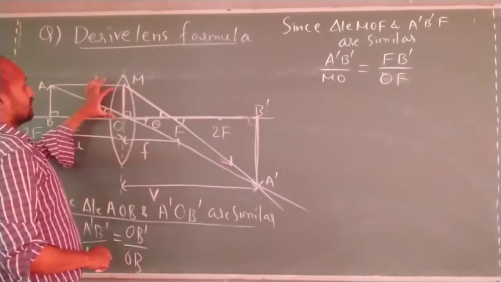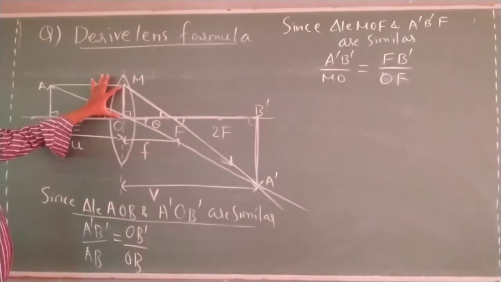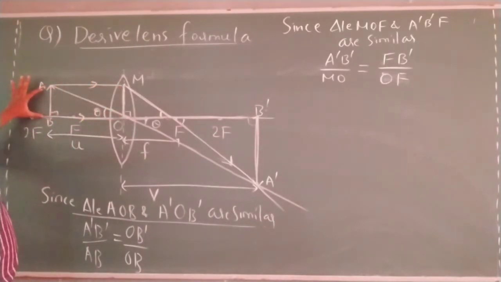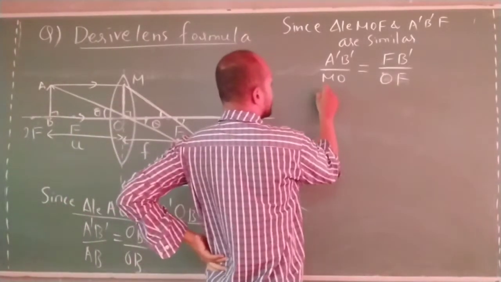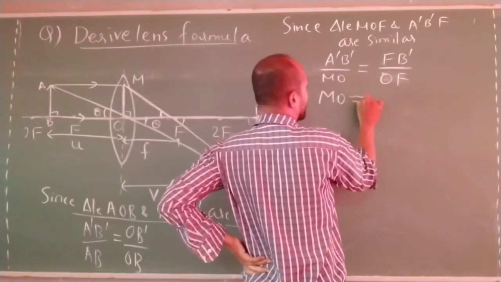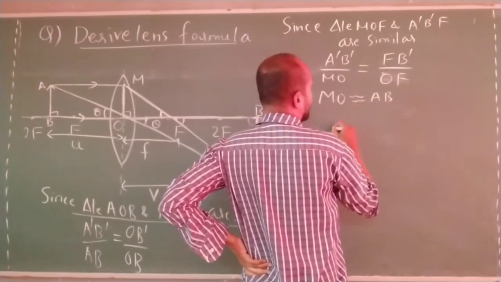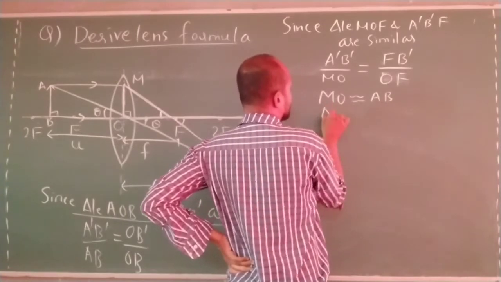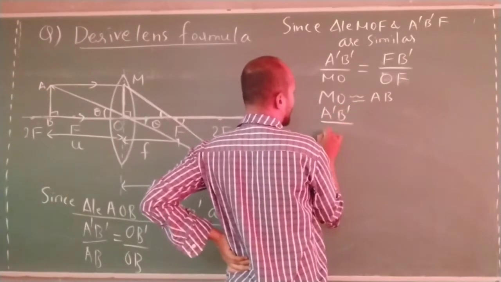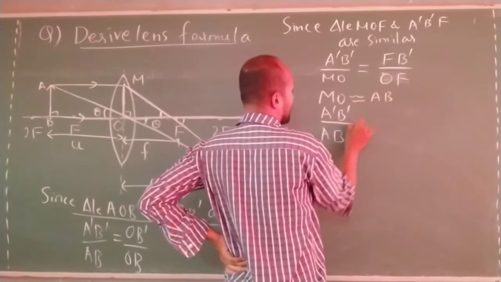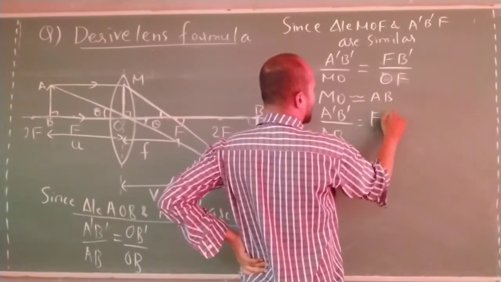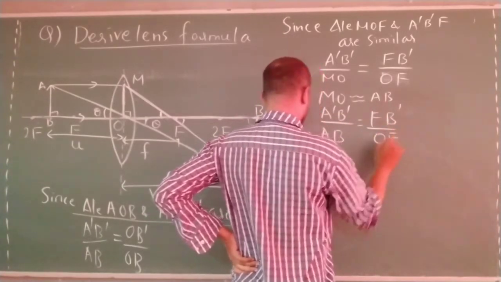Since again MO will be nearly equal to AB. I can write what? A dash B dash divided by AB will be equal to FB dash divided by OF.